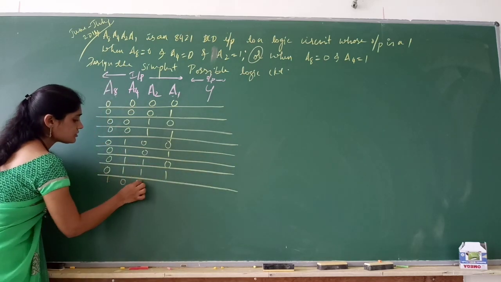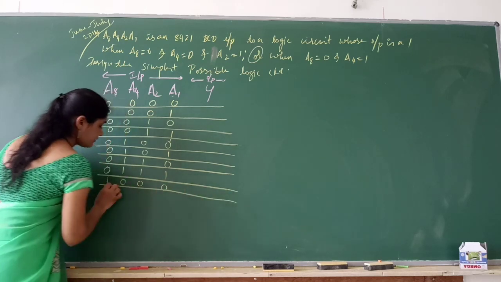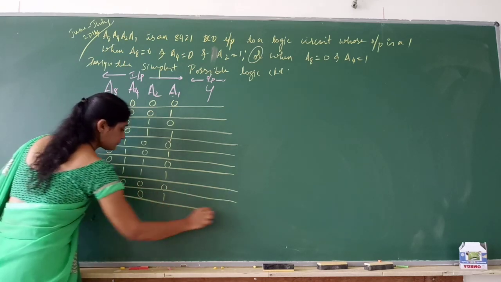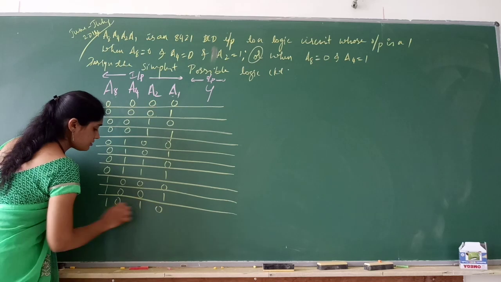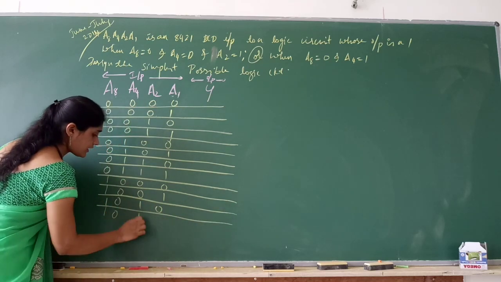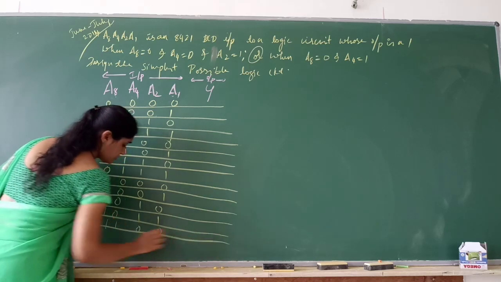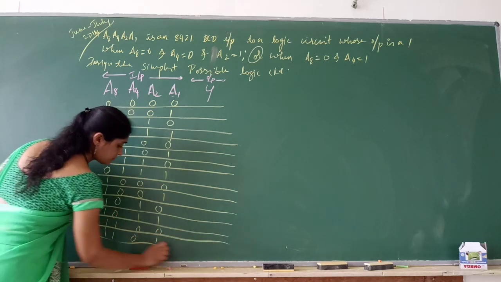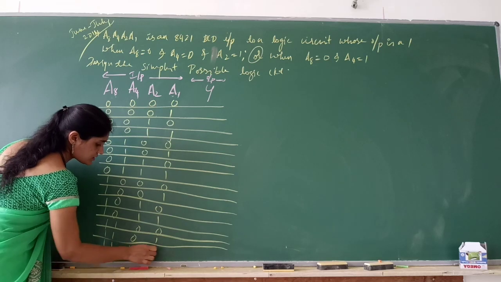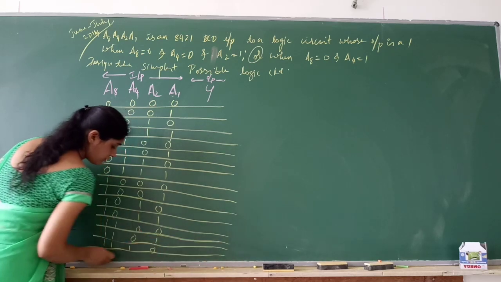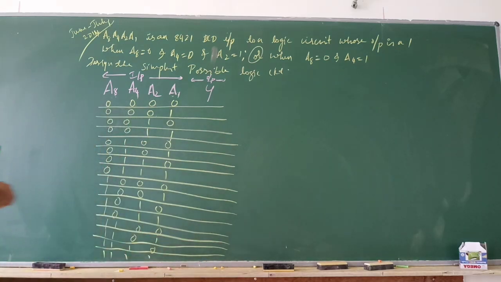Next 1000, 1001, 1010, 1011, 1100, 1101, 1110, 1111. Hope you can see these. Okay, so you can see the last combination also.